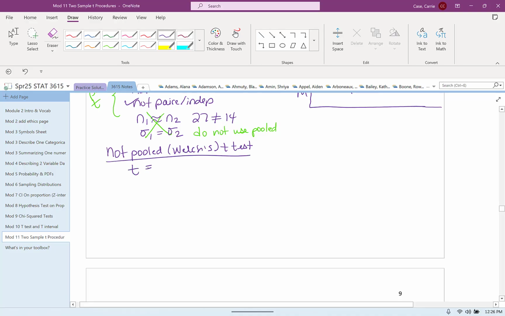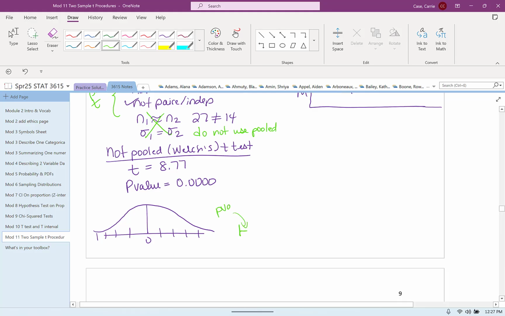I got a t-test statistic of 8.77. That's way big on the t-score. And then my p-value was effectively 0. And so what we're seeing in this t distribution, 0, 1, 2, 3, 4, 1, 2, 3, 4, we would be way up here somewhere, and our p-value would be effectively 0.